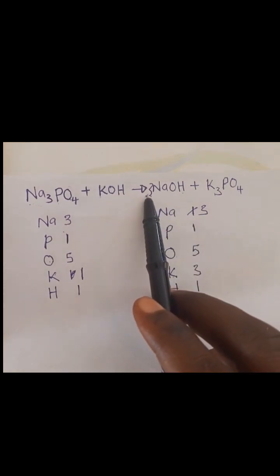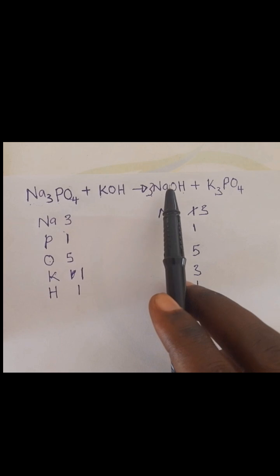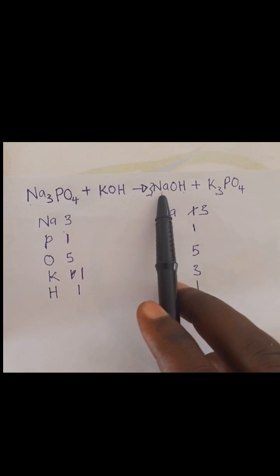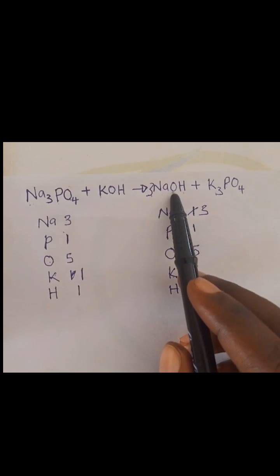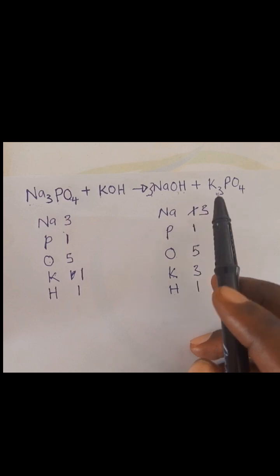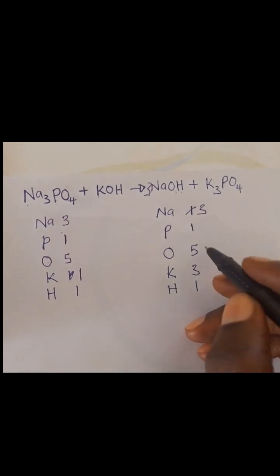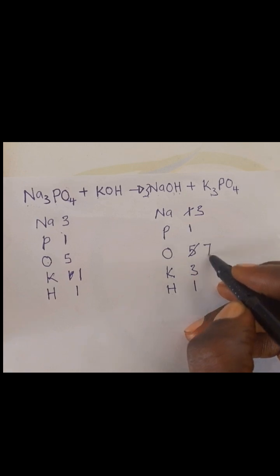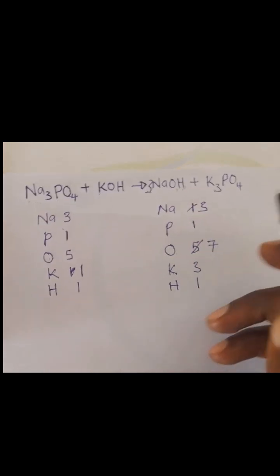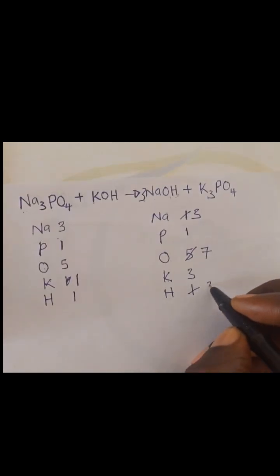This 3 is not only affecting sodium, it also affects other atoms like oxygen and hydrogen that are present with that same sodium. Then oxygen will now change to 3 times 1 is 3, and that 3 plus 4 will give you 7. Oxygen will change to 7. Then hydrogen, 3 times 1 is 3. So this one will now change to 3 also.